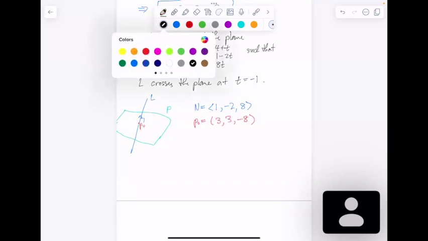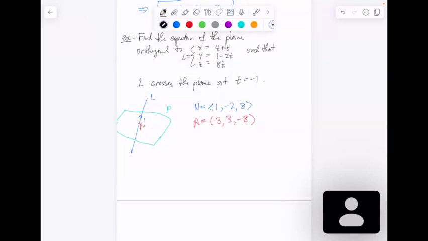And now I can find the equation of the plane, right? So I can once again try out the following. I could just do a quick way, which is have the coefficients in front. So it's 1 times x minus 2y plus 8z must be equal to, well, the following.